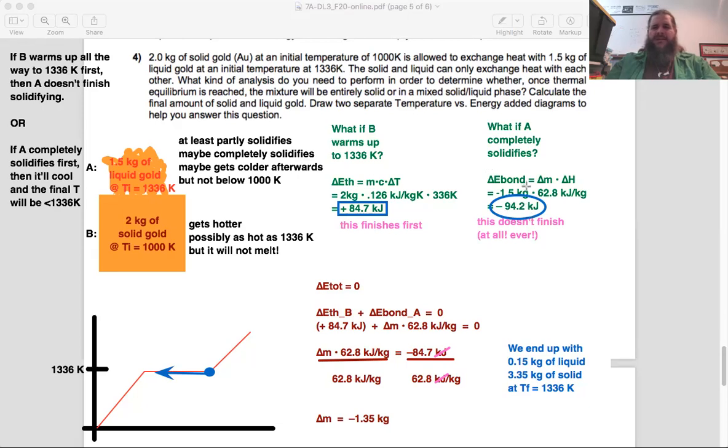So generally, in a case like this, whichever process involves a smaller transfer of energy in terms of absolute value is going to finish first, because that's not enough to complete the other change, but it is enough to complete this change. Okay, that makes more sense now.